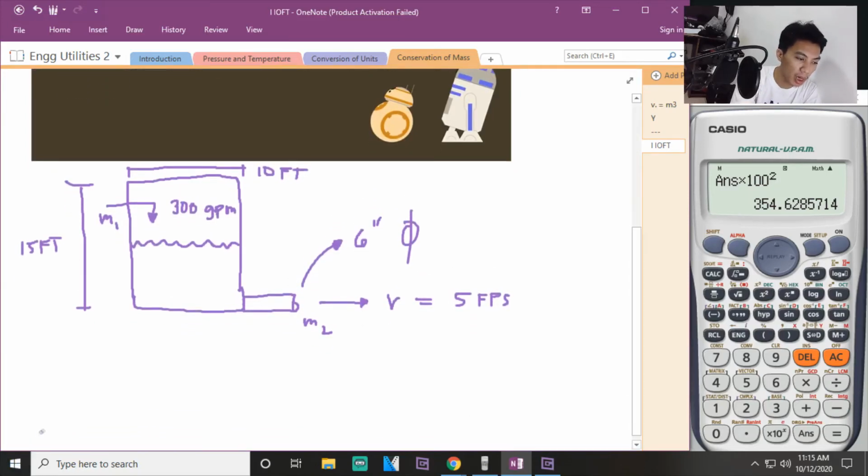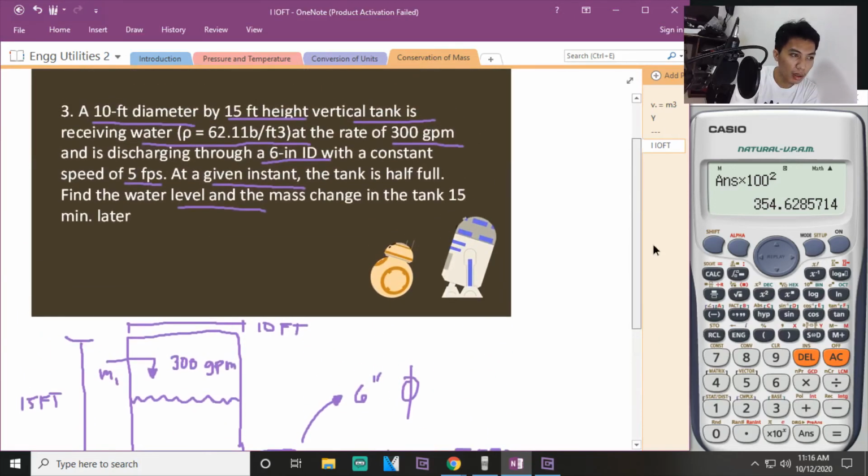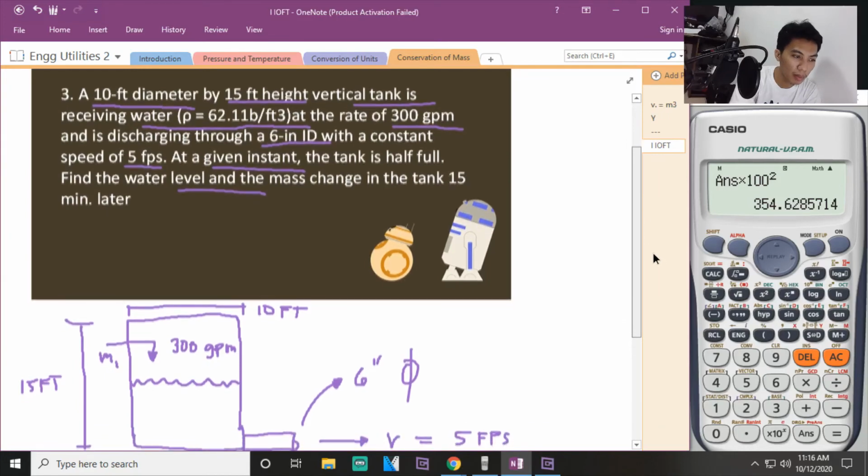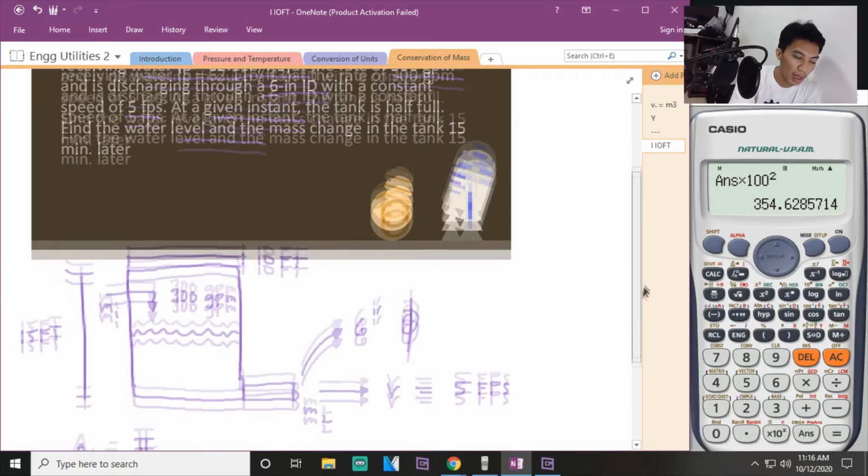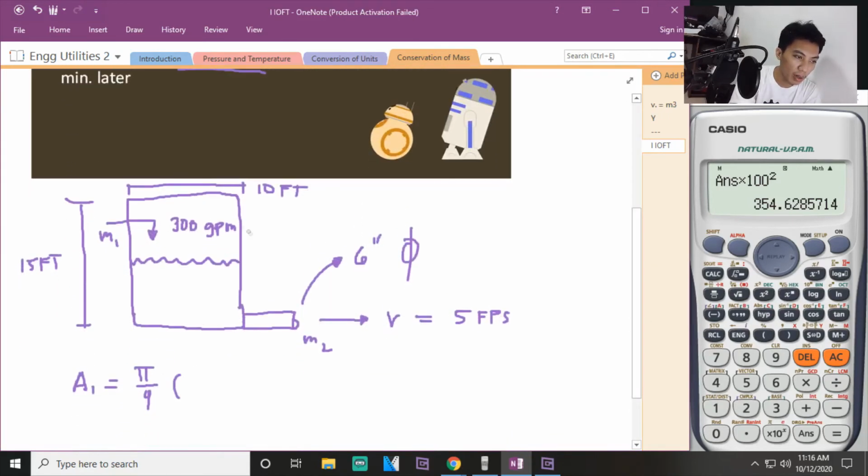Sir, kunin muna natin kasi yung mga area niya. Area 1. Yung area 1 is pi over 4. Saan ba siya pumapasok? 10 feet. Yung cross-sectional area ng tank. So, that is 10 feet squared.